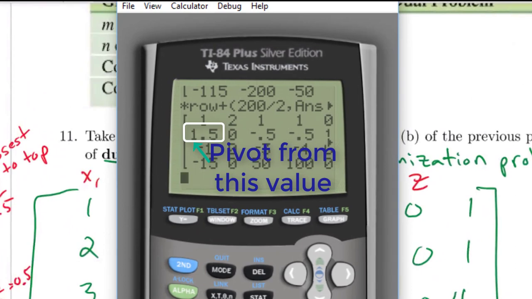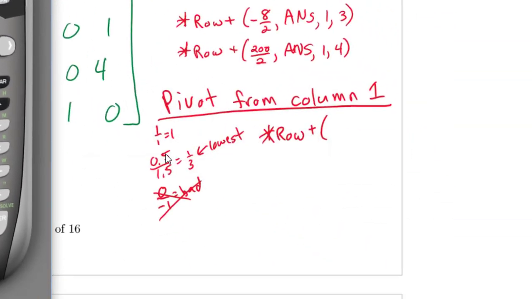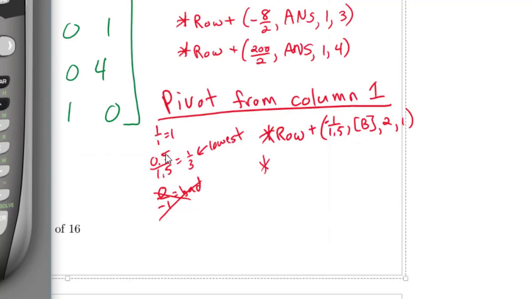So now we want to set up new row operations for pivoting from that 1.5 in the first column. To do that, we want to go onto the side of my paper. That's where I'm going to set up my row operations. I want to make there be a 0 right above the 1.5. And one thing I didn't mention is saving your matrix from the previous step into matrix B. So make sure you do store your matrix into matrix B. So that's what you'll be using.